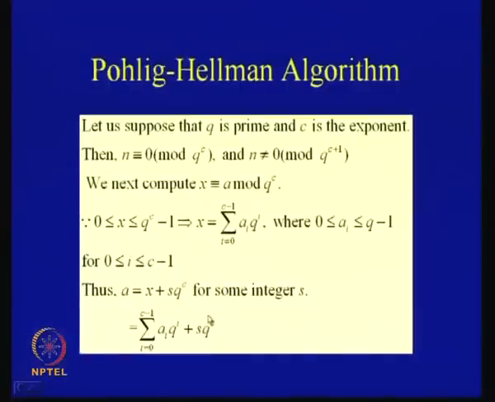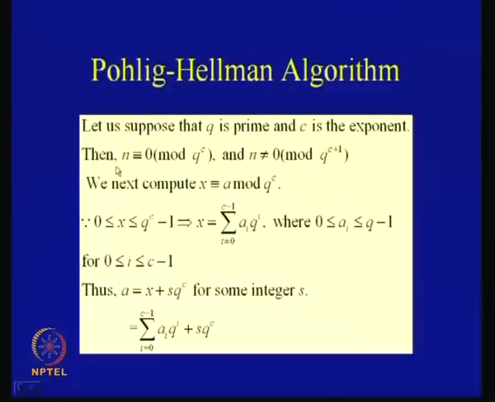So, the main problem is how do I construct the values of a modulo each of these p1 to the power of e1, p2 to the power of e2 and so on. And for this we have very detailed steps, so let us go gradually through them. Now, suppose you consider that one of those prime factors is q, and the corresponding exponent is c.